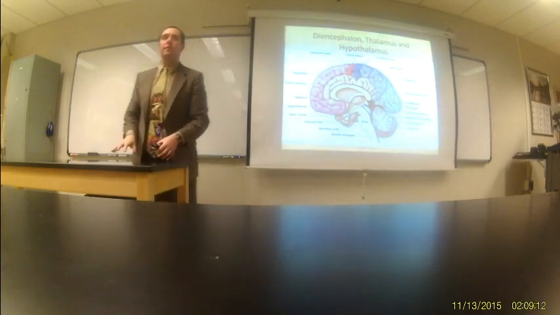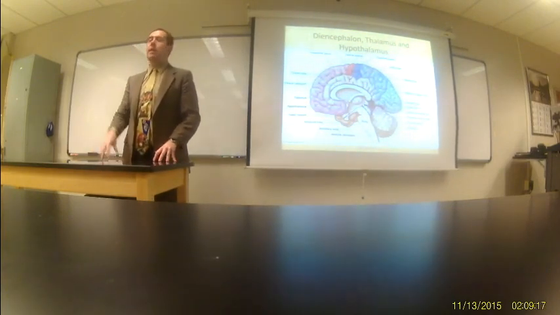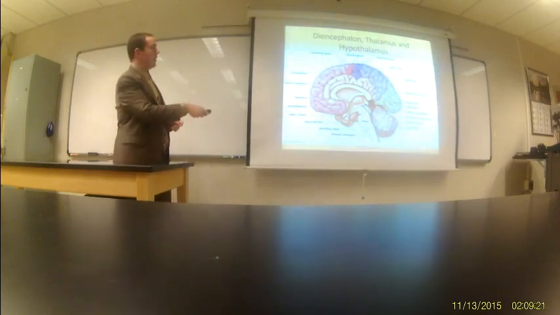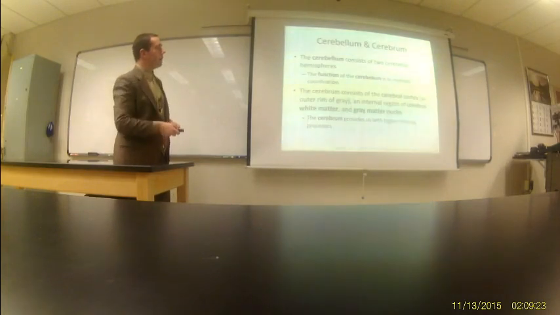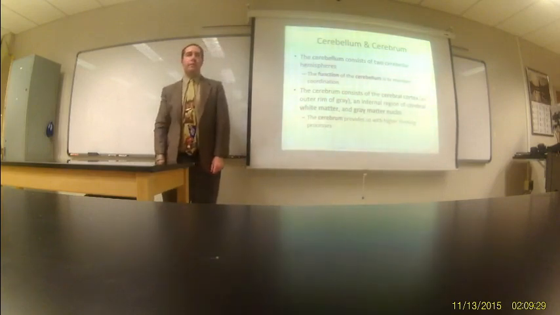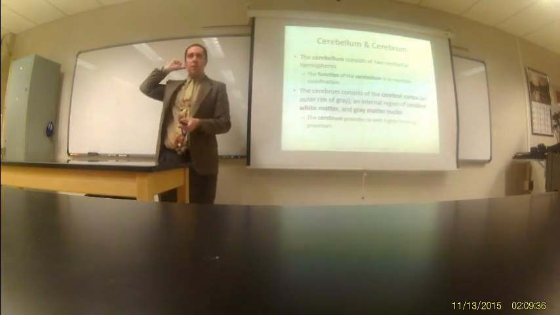The cortex is a term we'll use a number of times. We'll also talk about it in the kidney. The cortex is the outside. So the outside part of the brain is the cerebral cortex. That is gray in color. People talk about gray matter in their brain. Actually, only the outer part of the brain is gray matter.